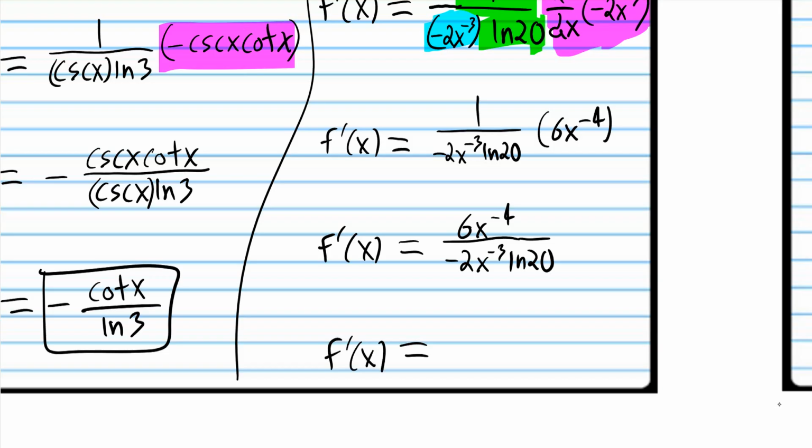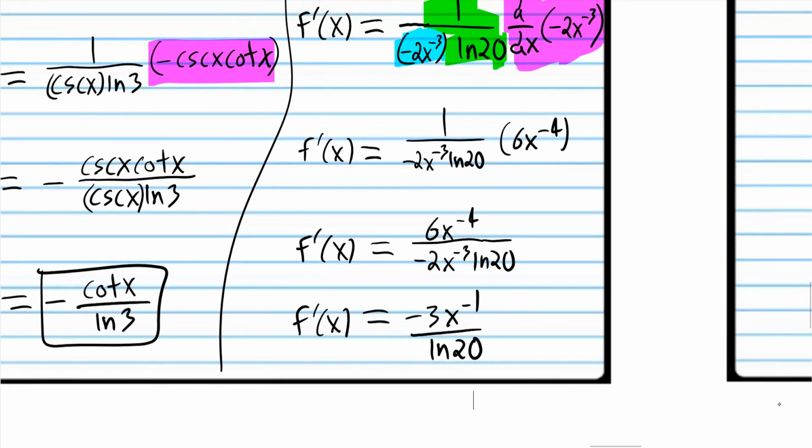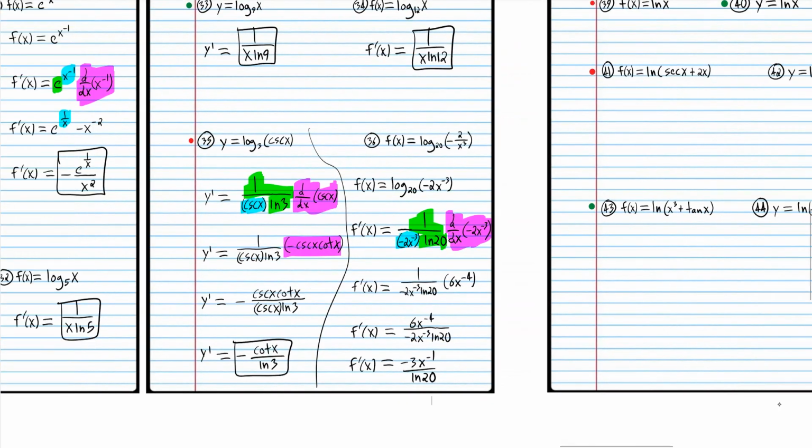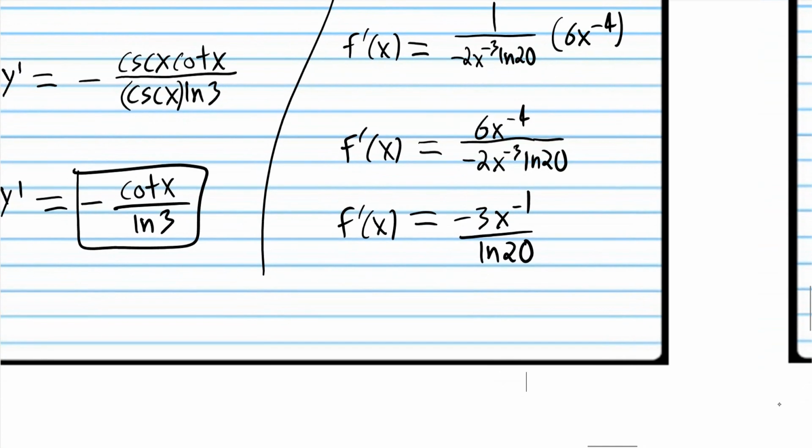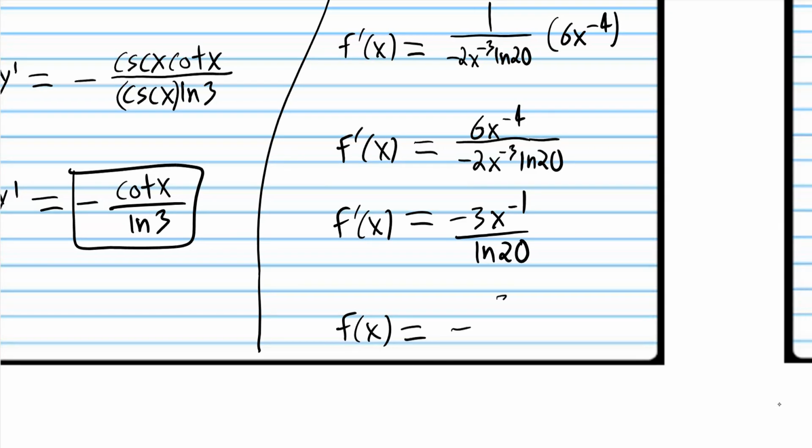So we get negative 3x to the negative 1 all over natural log 20. But we're not allowed to have a negative exponent, so we have to bring that down. There may have been a faster way to do that, but we get negative 3 over x natural log 20.